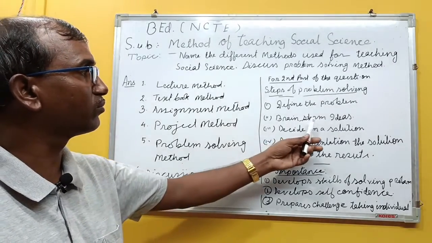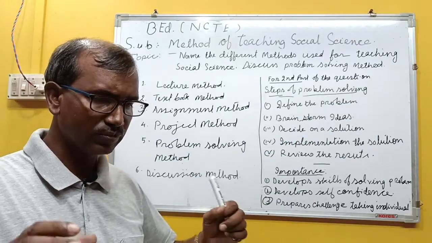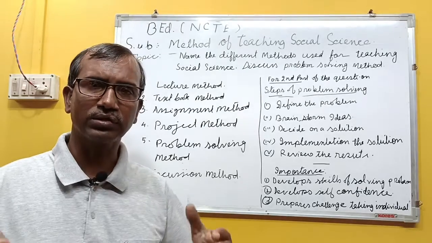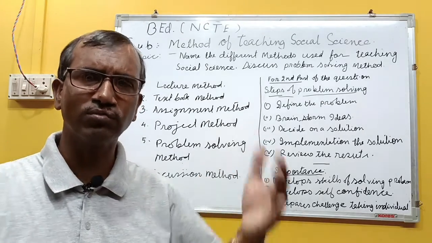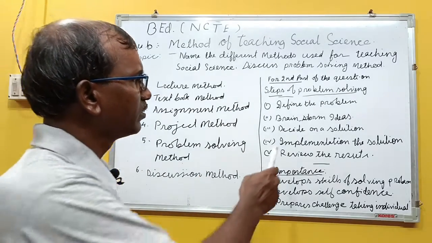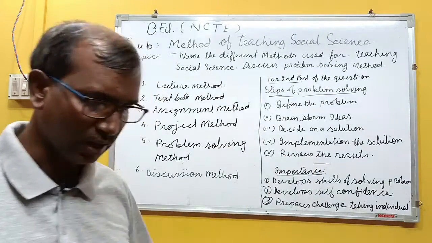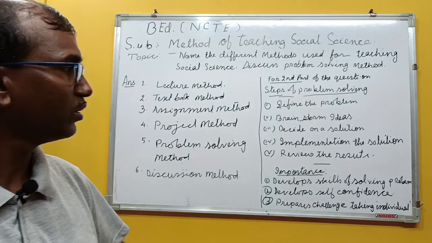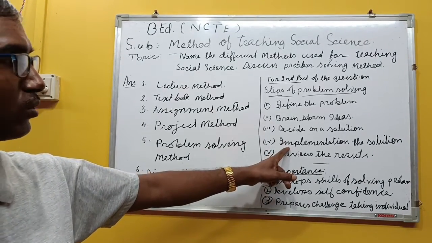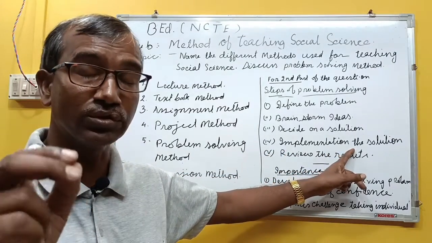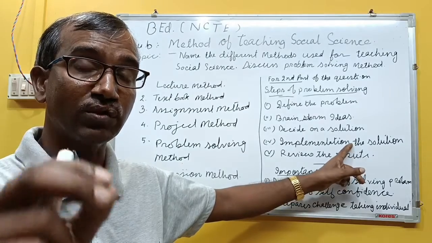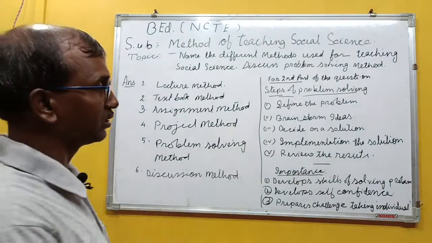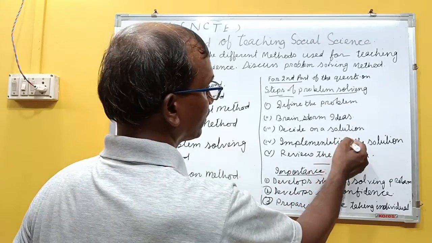Then brainstorm ideas. That means the problem must be taken in such a way that children need to think very widely and deeply. Decide on a solution. After deep thinking, children will find out the solution, and that solution, or ways and means which is found out mentally, should be implemented practically to see the result.